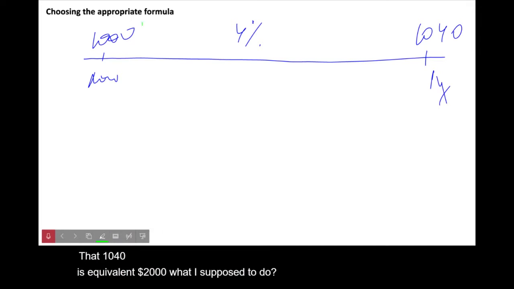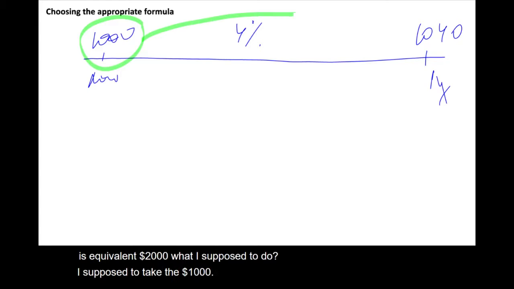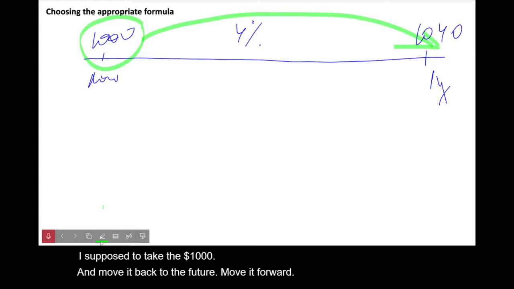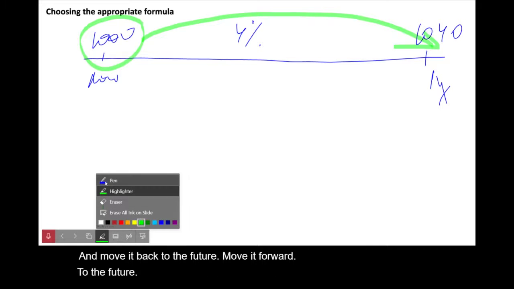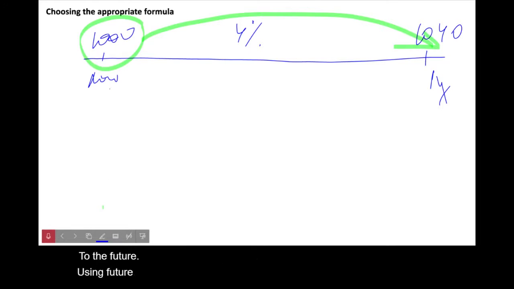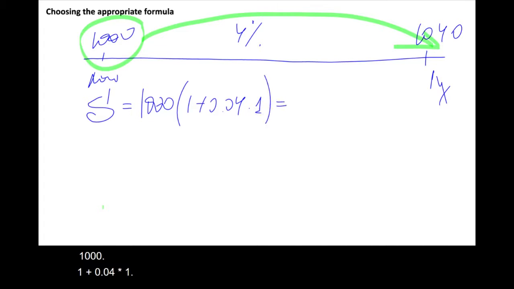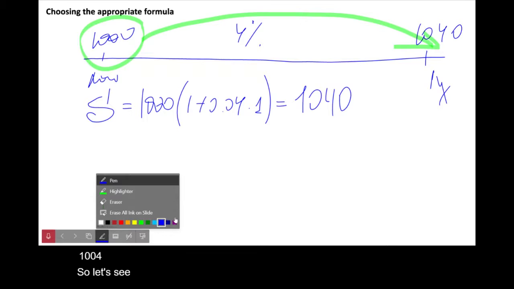I'm supposed to take the $1,000 and move it forward to the future using the future value formula. So S is 1,000 times (1 plus 0.04 times 1), and it is 1,040, right?